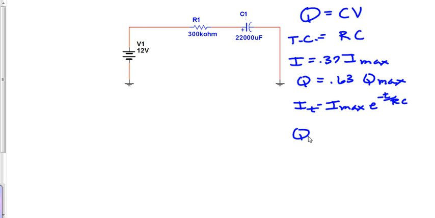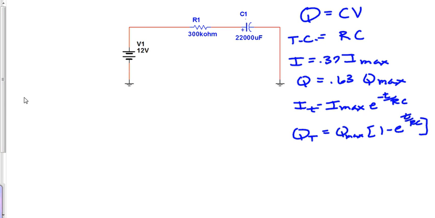So charge at time t is equal to Q max multiplied by 1 minus e to the minus t divided by RC. So these are the equations that we can use for a circuit that is an RC circuit in a DC situation. Let's go ahead and solve some of these right now.